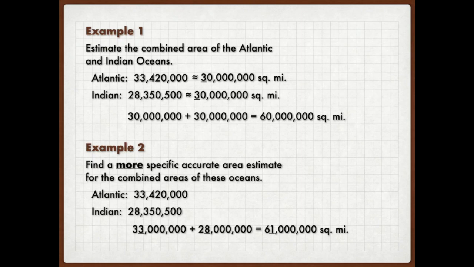Now when I add these, it gives us 61 million. Now that is actually higher than the rounding we did in the previous one. So when I become more exact or more accurate, okay, it does change the answer.